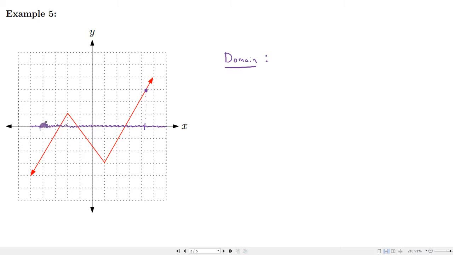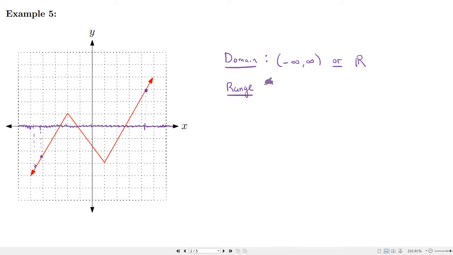Anything in this purple, we have something as an output. This is definitely a function. It passes the vertical line test, right? And this continues on. Since the curve has these arrows, we know that it doesn't stop abruptly. So the domain in this situation is negative infinity to infinity, or another way to write that is all real numbers.